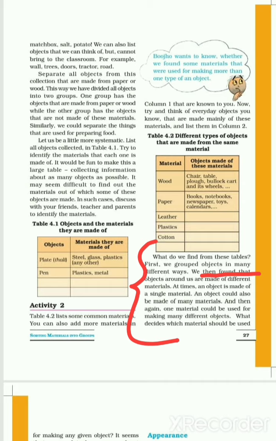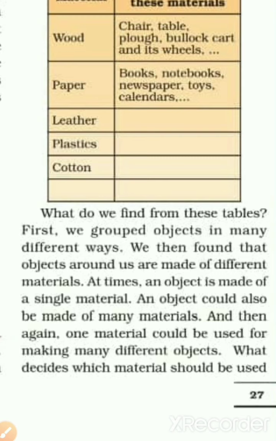Everyone knows that different objects are made up of different materials. At times an object is made of a single material. An object could also be made of many materials.